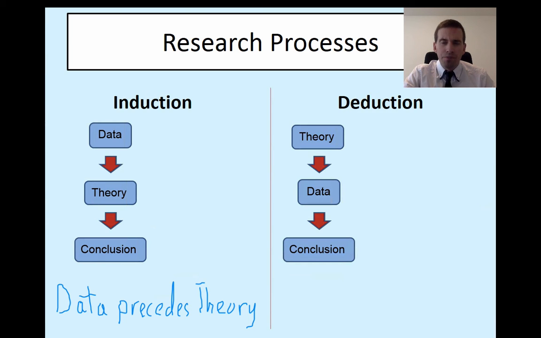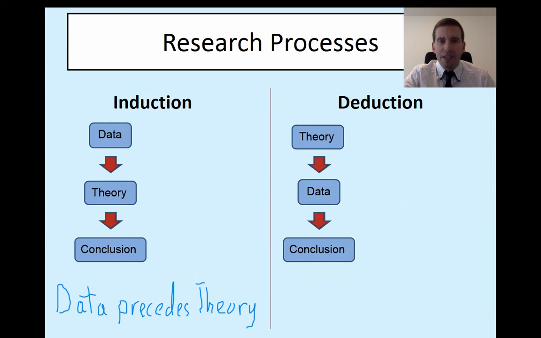Whereas with deduction, you already have a theory. This has already been determined in previous work. You then devise an experiment using deductive reasoning, so you will take your hypothesis and you will base it on what the theory already says. So you're basically testing out the theory.